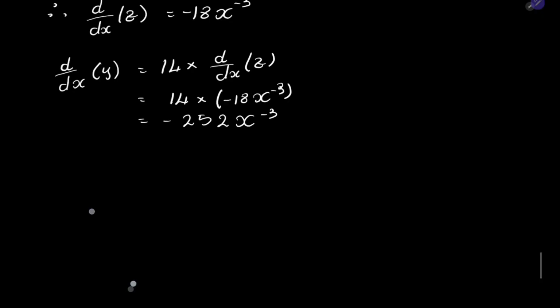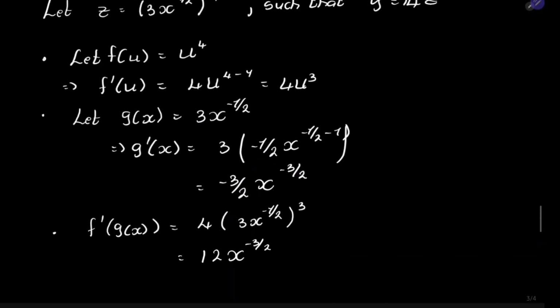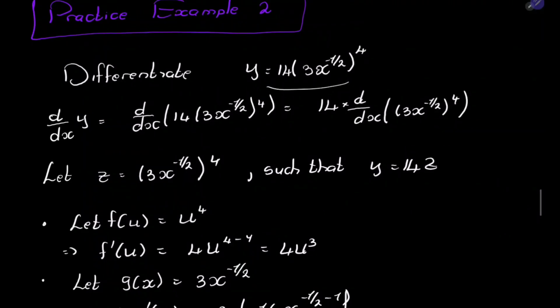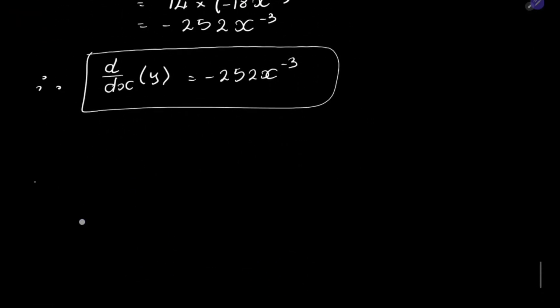We can then conclude that the derivative with respect to x of our function y gives us negative 252 x to the negative 3. Those are our answers. Let us verify using the previous method, that is simplifying our initial function directly and differentiating it. So what is our initial function?